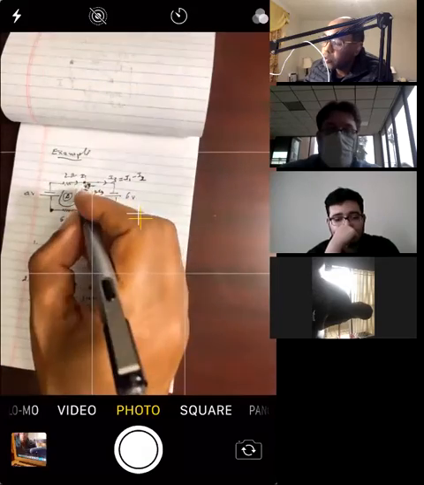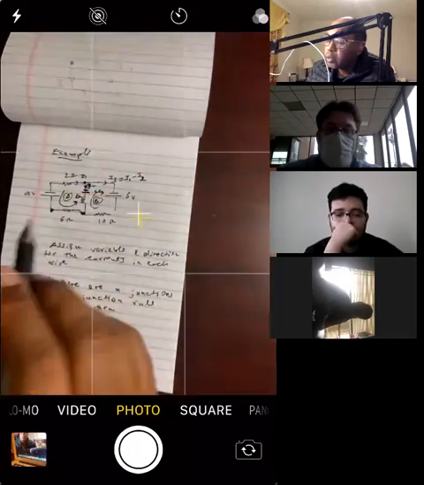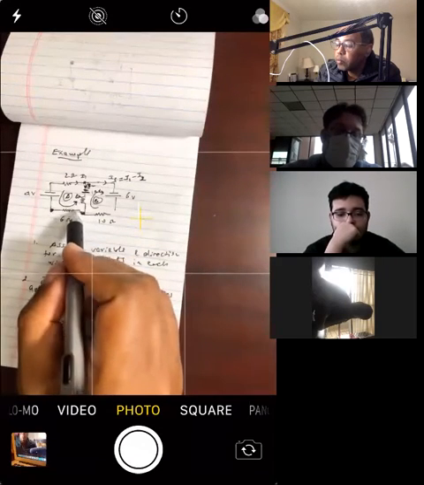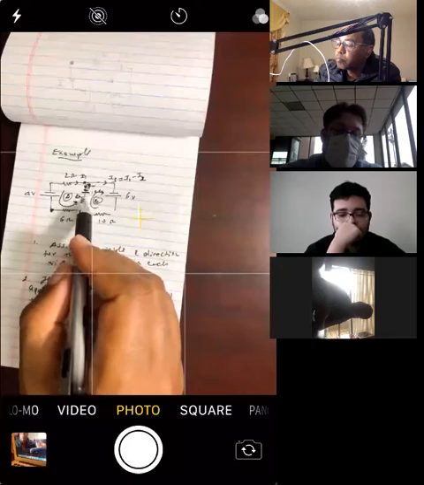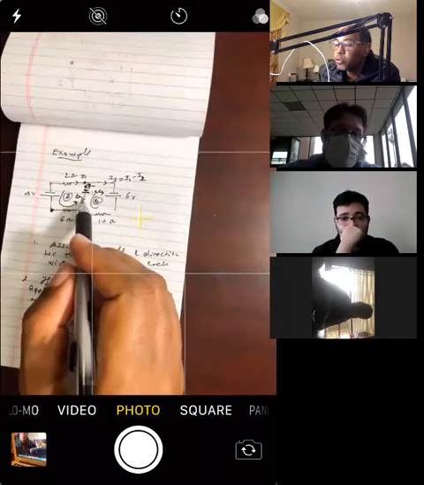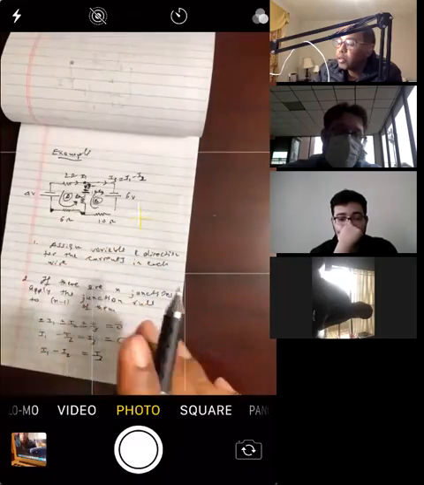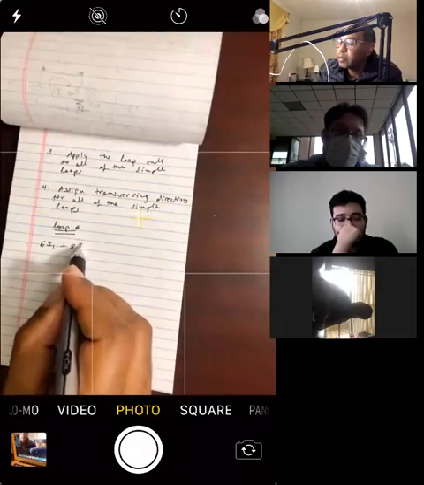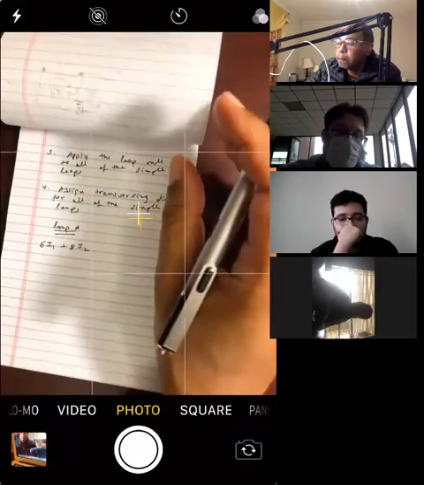The current I2 is going this way. Now also I'm going opposite to the direction of the current, right? I'm traversing this direction, but the current is going the other way. So this potential difference is also positive, and the current is I2 in this wire. So it's going to be plus 8 I2.